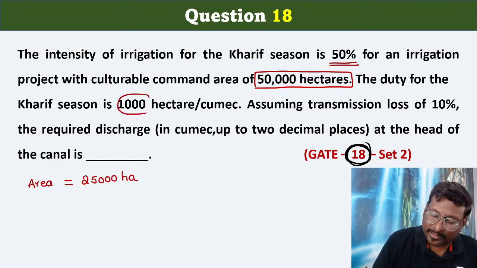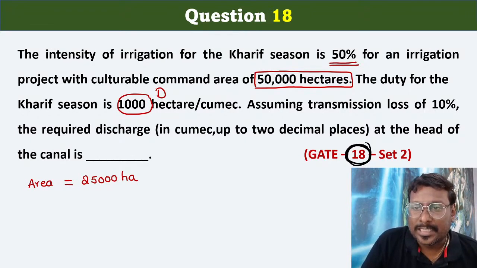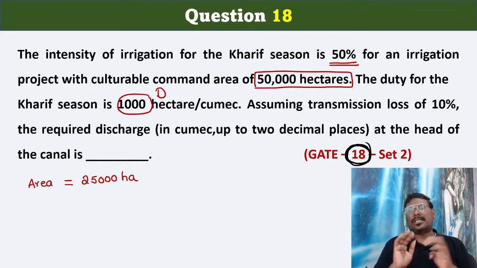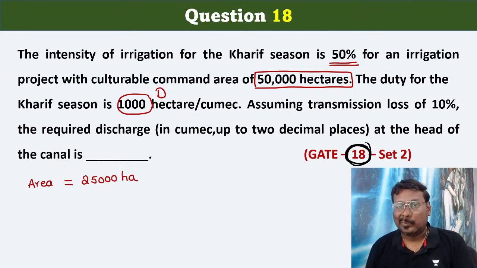Duty is given 1,000. Transmission loss 10% for the required discharge. Required discharge at the head of the canal.